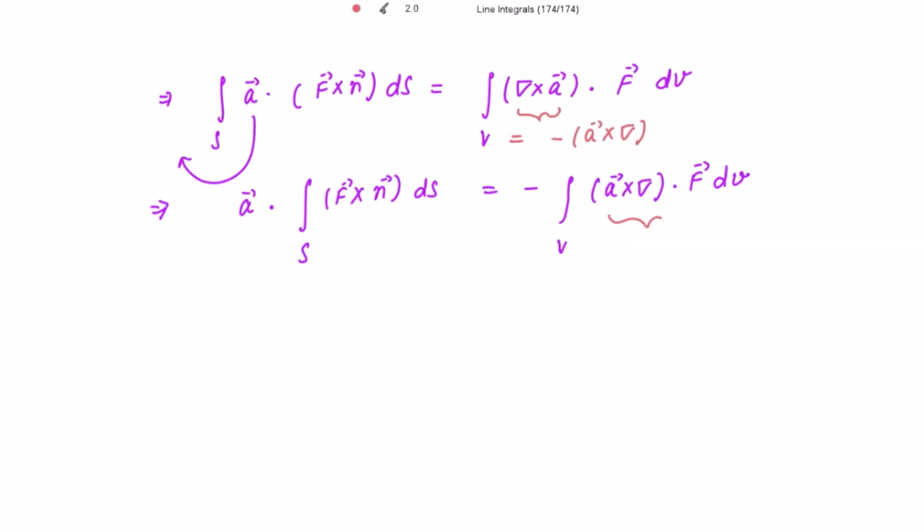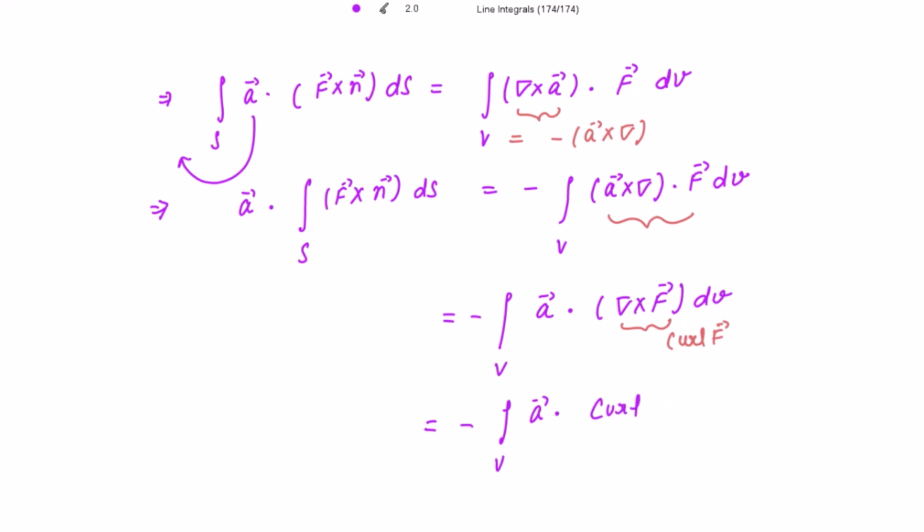So applying the result over here, this is equal to negative of the volume integral of the cross product of two vectors dotted with F vector, equal to the first vector dotted with the cross product of the other two vectors, dv. Fine. So writing this as negative of the volume integral of A vector dot product with curl of F vector dv.